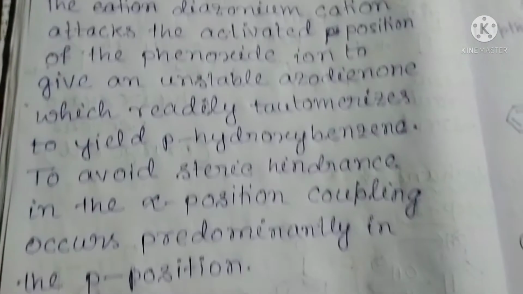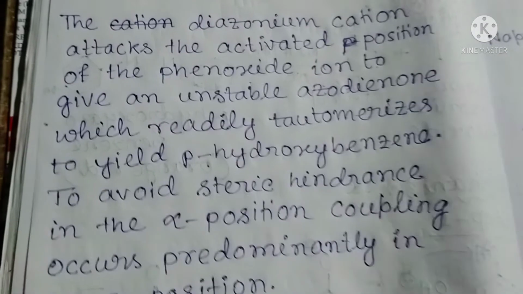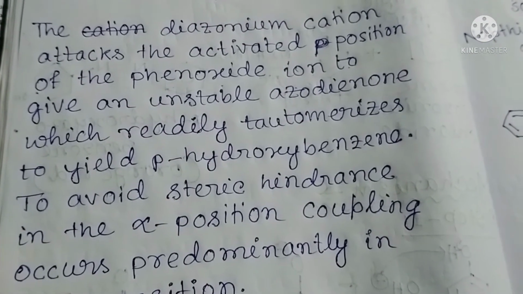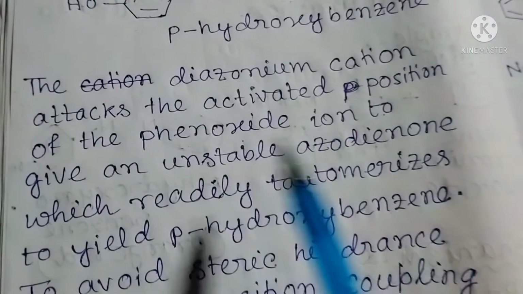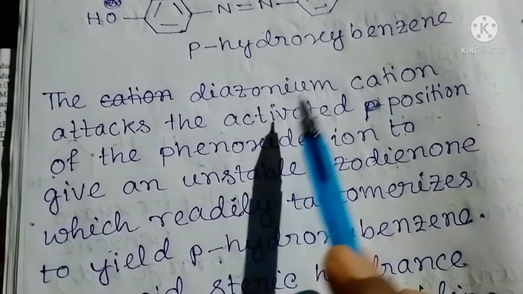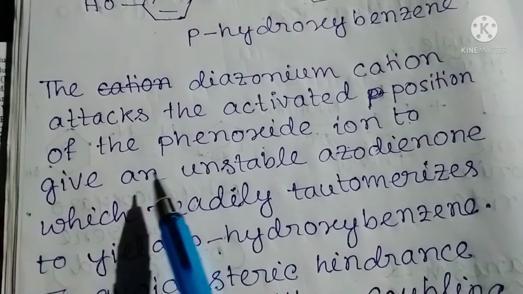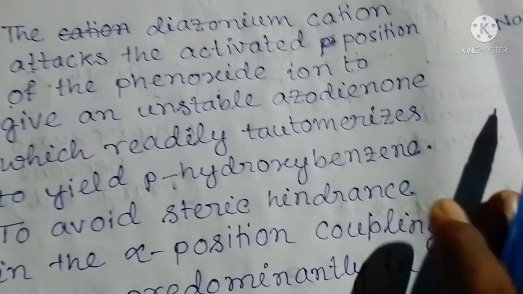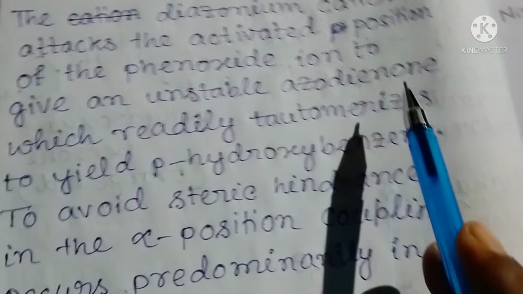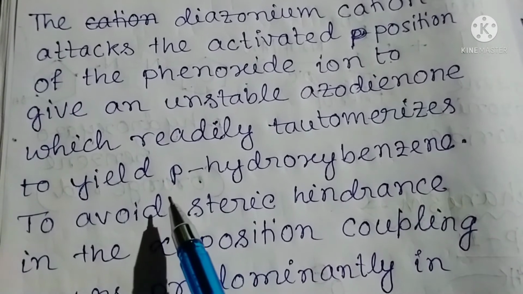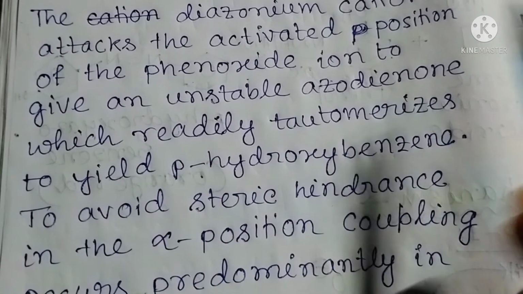Now if someone asks you why the coupling occurs at para position, not at the alpha position, your answer will be that diazonium cation attacks the activated para position of the phenoxide ion to give an unstable azo-dienone, which readily tautomerizes to yield para-hydroxy azobenzene.